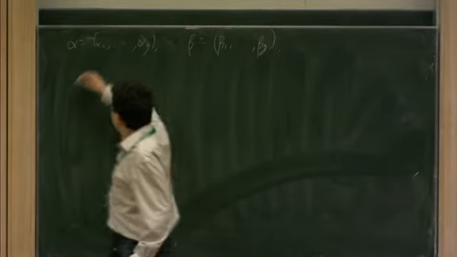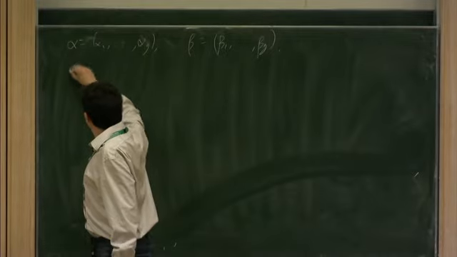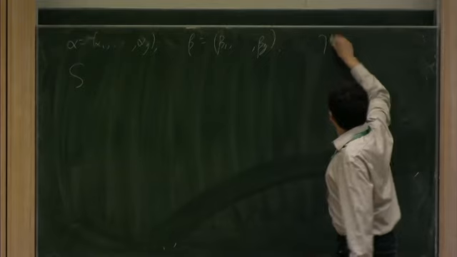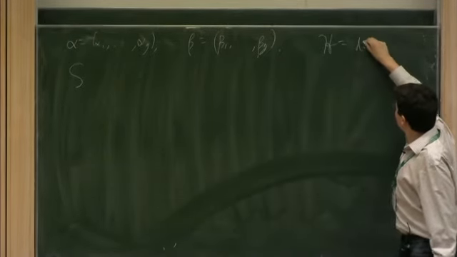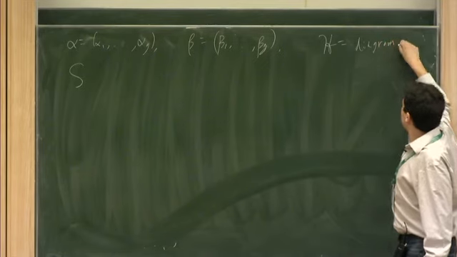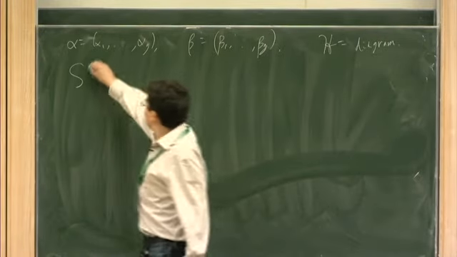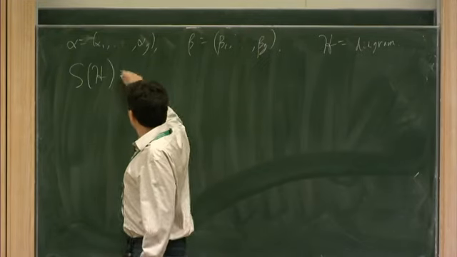Okay, so let's let H be the diagram. So it's the data of all of the sigma, alpha, beta, z. Okay, so S of H is going to be the following set.